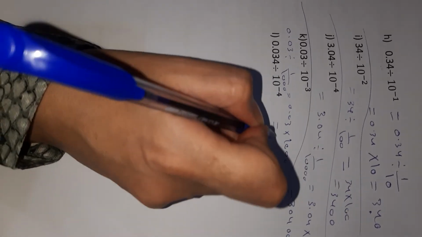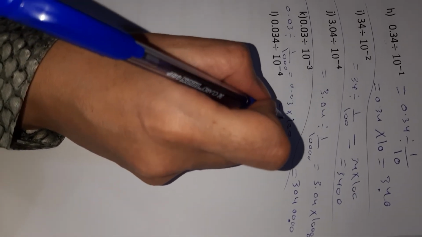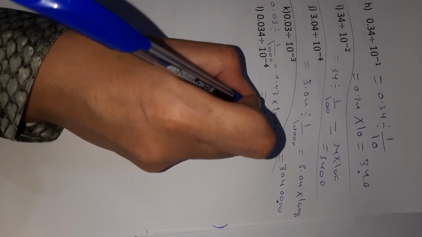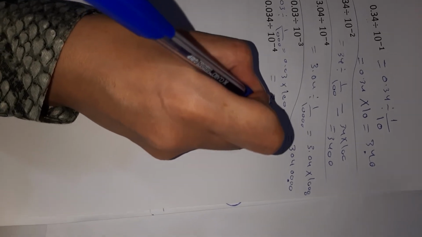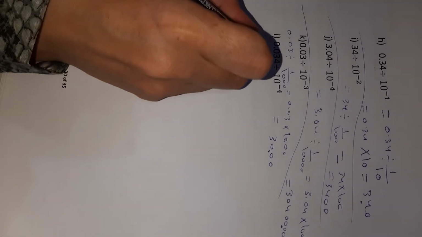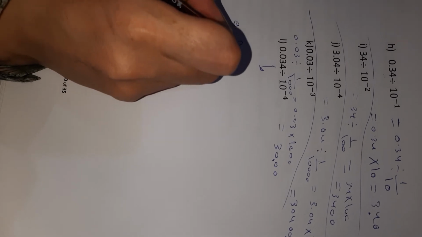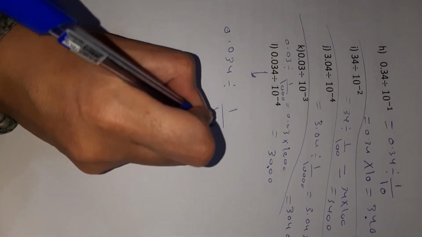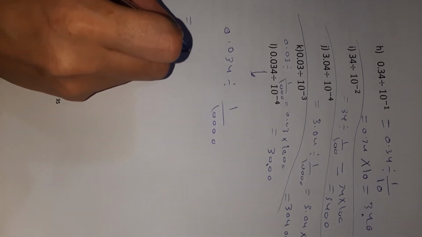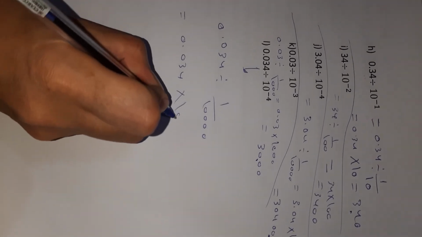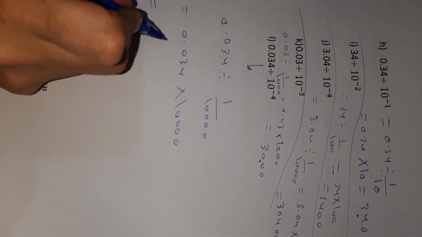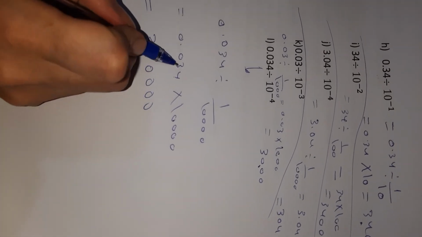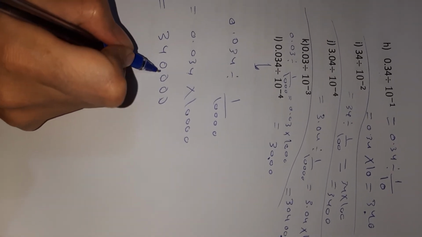If you multiply 0.03 times 1,000, now your answer will be 30. Now the last one, 0.034 divided by 1 out of 10,000, it means 0.034 times 10,000. Multiply normally. 34 times 10,000, 4 zeros, 1, 2, 3, 1, 2, 3.